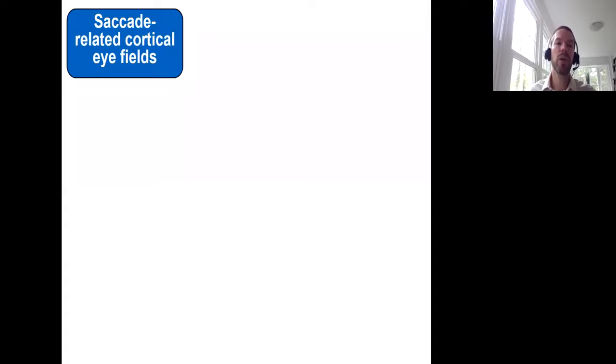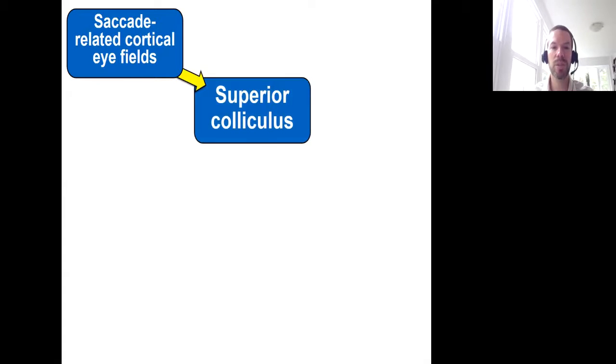Okay, so Dr. Z talked about the saccade pathways, which I'm not going to get into anything that's outside of the posterior fossa really, but the saccade-related cortical eye fields have significant projections to the superior colliculus. The superior colliculus serves as the relay station.